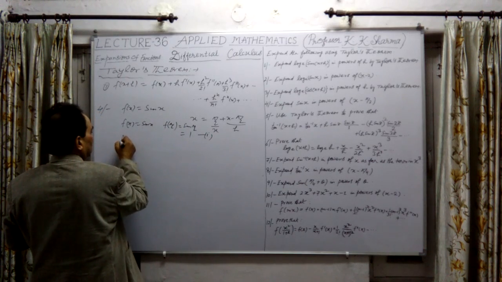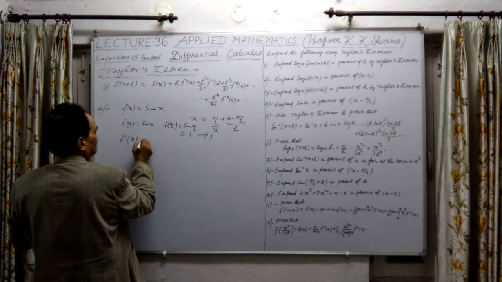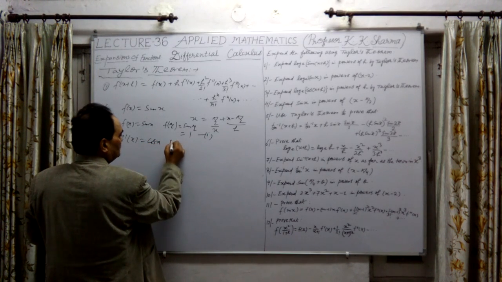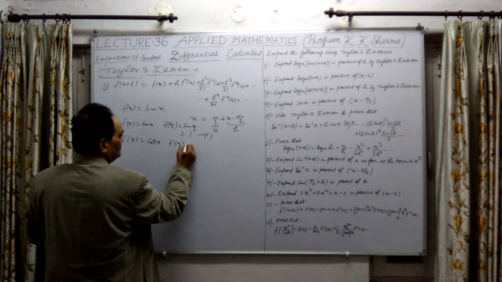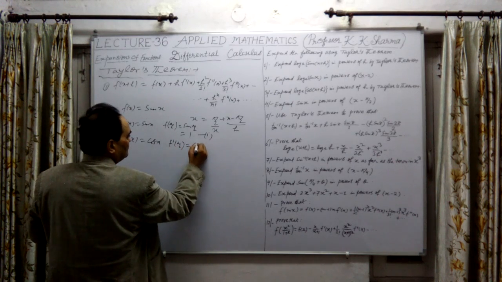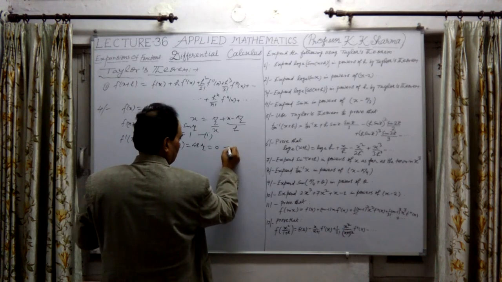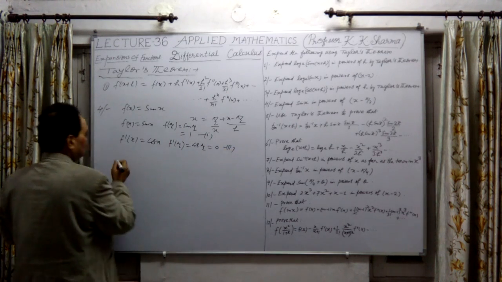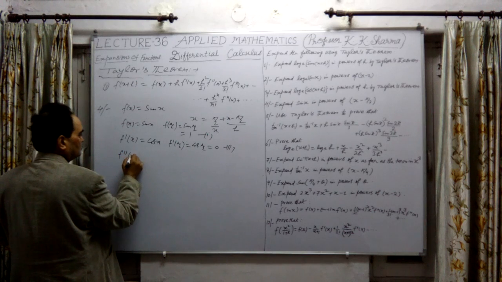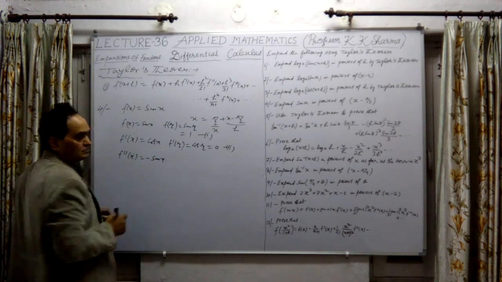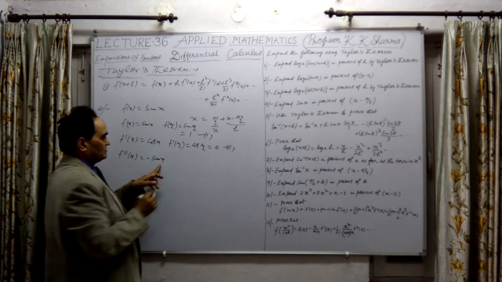Then what is the second? The differentiation of sin x is cos x. What is cos pi by 2? That means f dash of pi by 2 is equal to cos pi by 2, which is 0, cos 90. This is the second. Then the third, the second derivative, is minus sin x. Cos x differentiates to minus sin x.